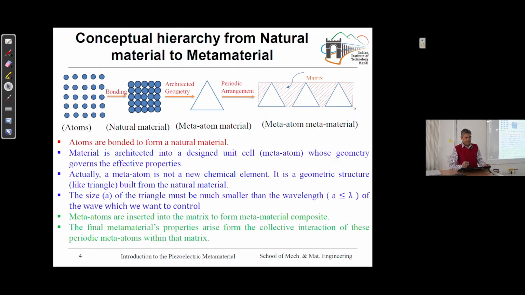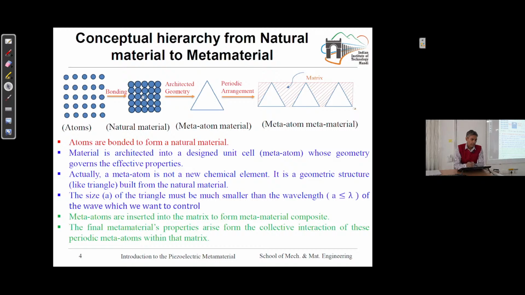If you look again at the concept of how we make the metamaterial, generally we have atoms, and these atoms are bonded to make the material. So we have the natural material, which may be aluminum, copper, and so on.